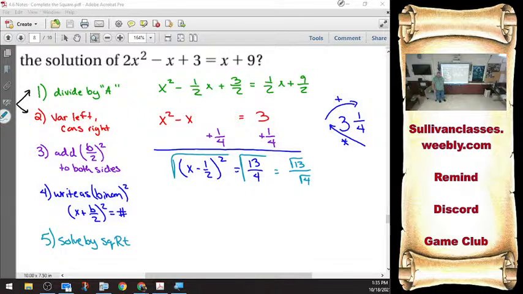And the square root of 4 happens to be 2. x minus 1/2 is plus or minus square root of 13 over 2. This is why we had to step back and review the radical stuff. Imagine if I had tried to just jump straight in here. That would not have been too nice.